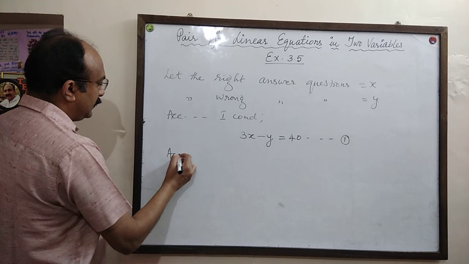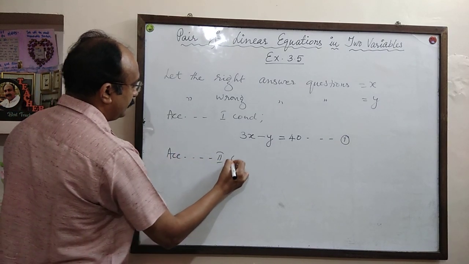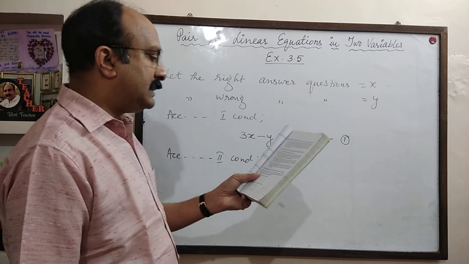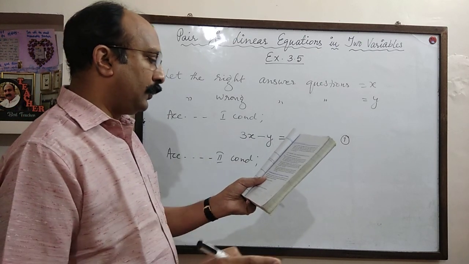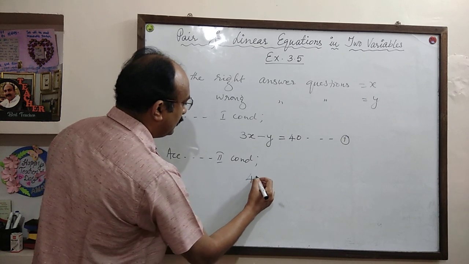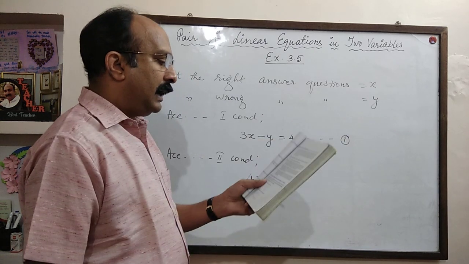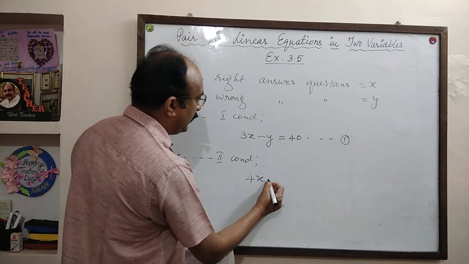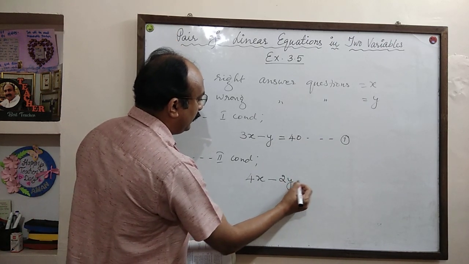Now according to second condition, if the mark for each right answer question is plus 4, the total mark is 4x. And for each wrong answer question it is minus 2. So 4x minus 2y.